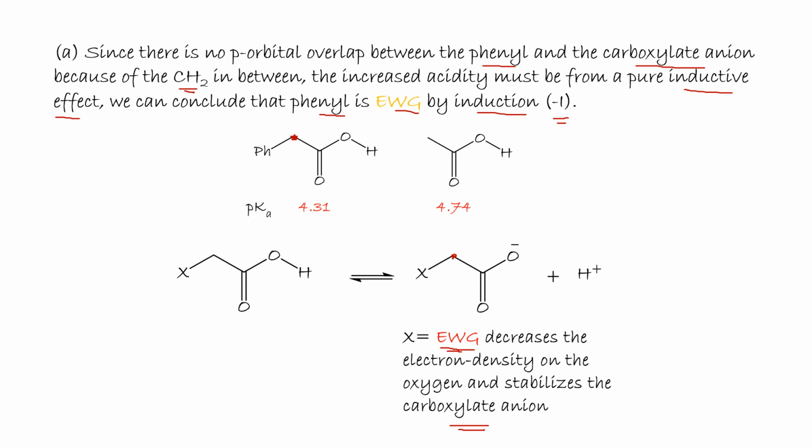So if we find that phenylacetic acid is more acidic, meaning its conjugate base is more stable via induction, the phenyl must be an electron withdrawing group. So we can say loudly that phenyl is electron withdrawing by induction, with a negative inductive effect.